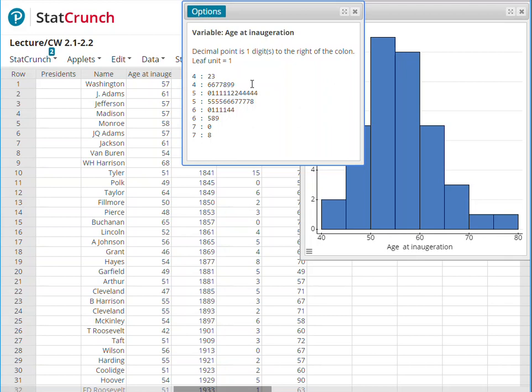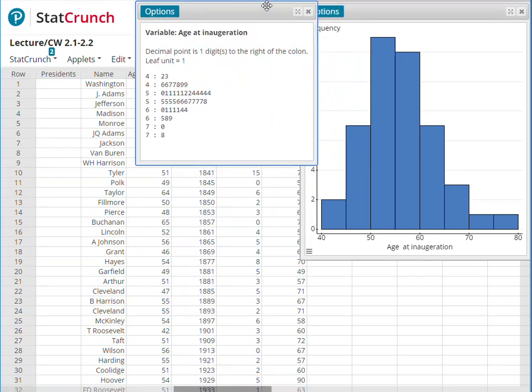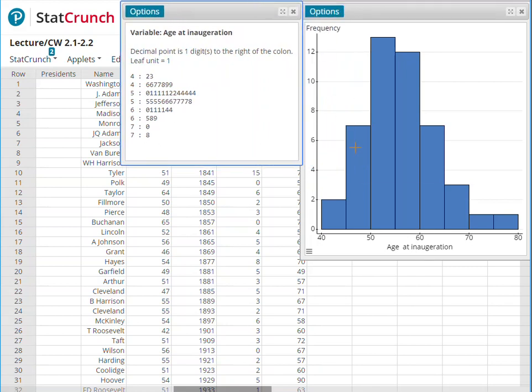2 more people that were aged 49. While I can get a sense for the overall structure of my graph, one of the things I lose here in a histogram is the fact that although I do understand that in this second bar here, there are 7 presidents who had ages between 45 up to 49, I don't really know what ages those people were.